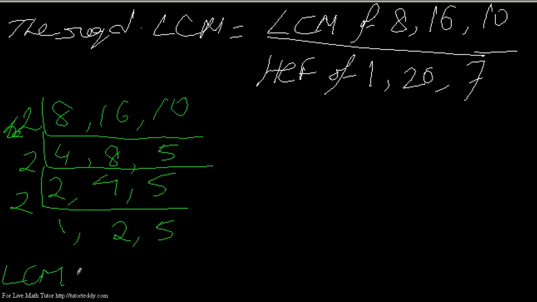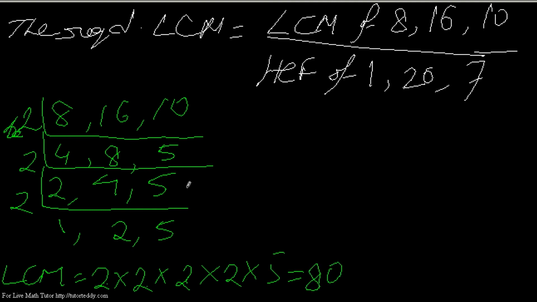So my LCM is 2 into 2 into 2 into 2 into 5. 2 2s are 4, 4 2s are 8, 8 2s are 16, and 16 5s are 80.